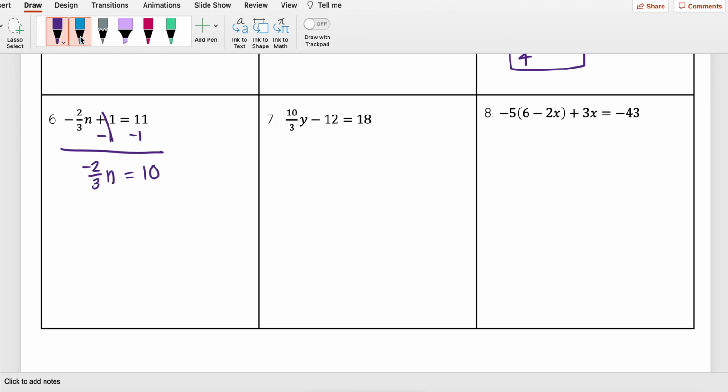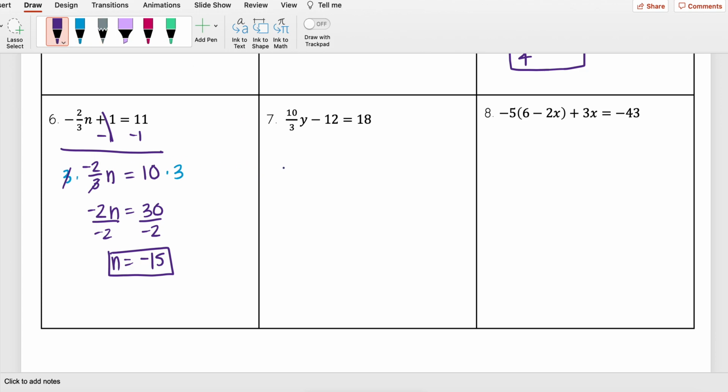So the first one, if you want to take it step by step, is you can first undo this division of this 3 by multiplying both sides by 3. Those cancel out, and you're just left with negative 2n is equal to 30. And then you can divide both sides by negative 2. And you get n is equal to negative 15. So that's one option that you can do.